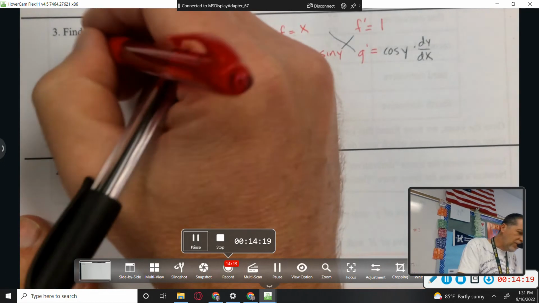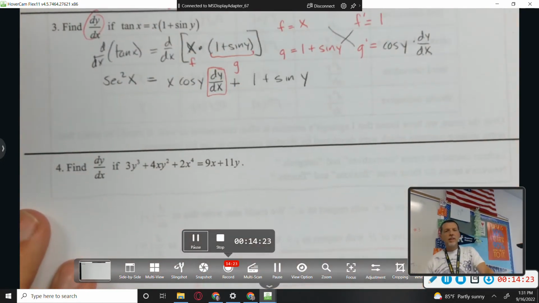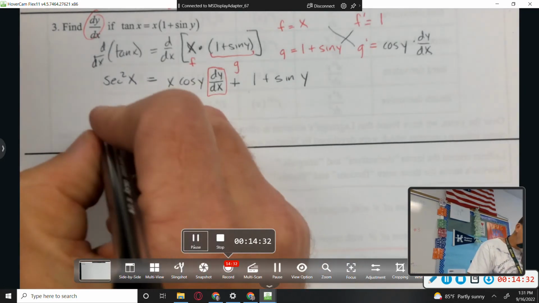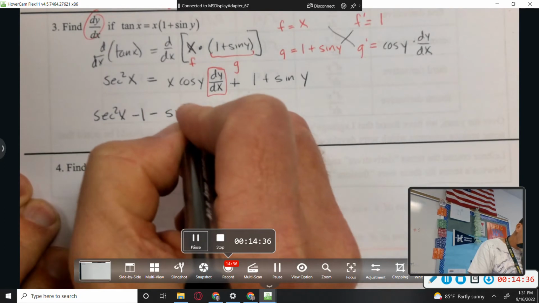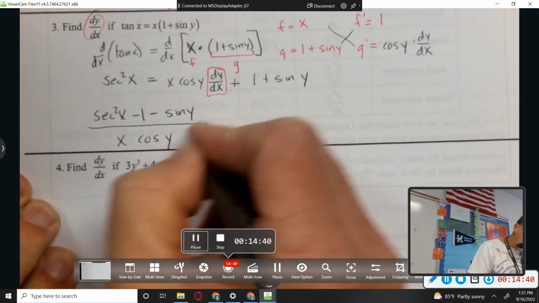And I'm finding dy dx, like there it is. So some algebra left. I'm going to subtract the 1, subtract the sine of y. And then divide by the stuff that's left, x cosine y.